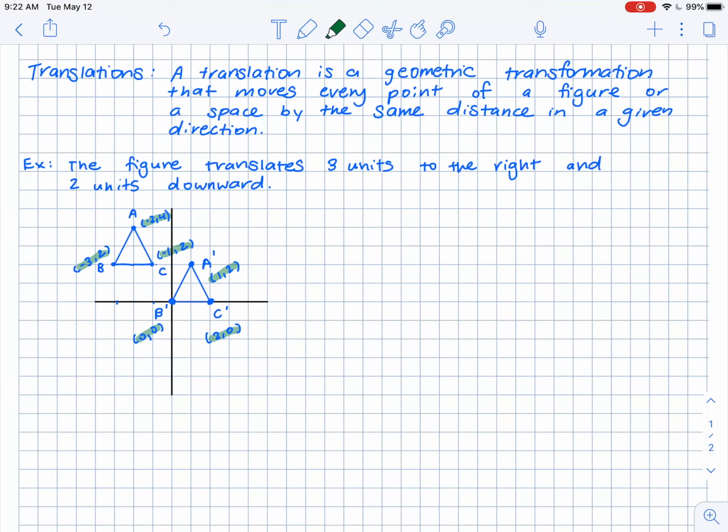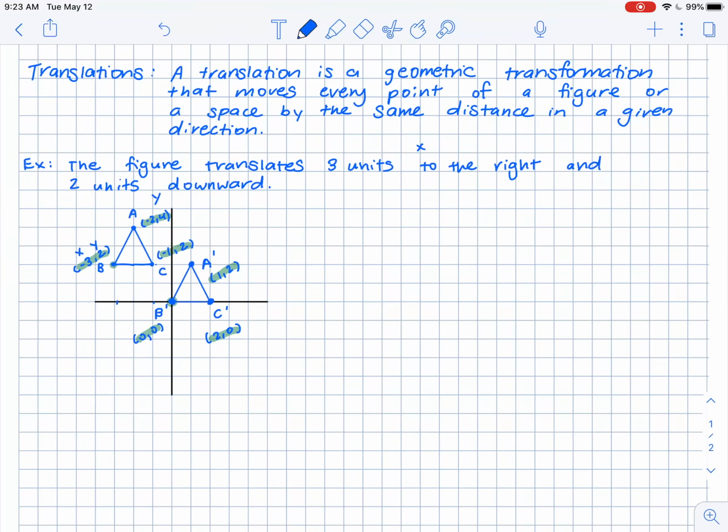Okay, this could actually be done algebraically as well. You don't actually have to draw out the figures and move them to find where the new points are going to lie. You could actually just use the coordinates. Okay, so let's take point B for instance. Point B and our new point B. Okay, it started off at negative 3, 2. So we have our x and we have our y. 3 units to the right, that affects our x.